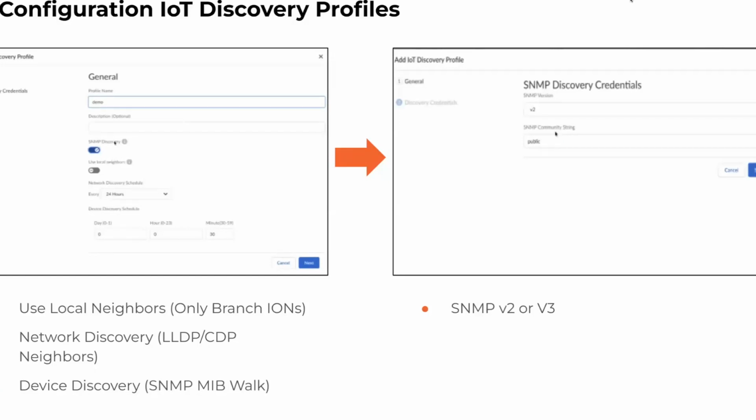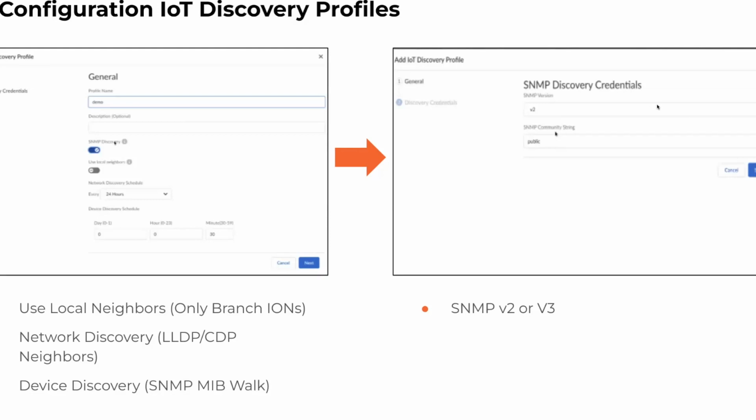And then once I know that, if I have the credentials, so we need to supply Prisma SD-WAN with the credentials of the devices. So the SNMP credentials, so it might be your read-only SNMP string in the case of v2. In v3, it's obviously you need the full credential stack to do that.